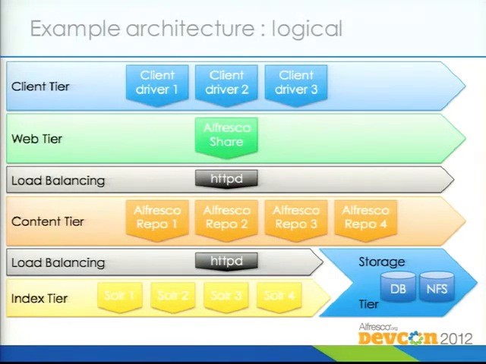So I'm just going to take this architecture as an example. I'm not going into detail about this because Gab is going to talk about that later in his presentation, but I just want to take that example to say that an architecture can be quite complex. You would have some client tier, Alfresco Share, maybe multiple Alfresco Shares, some load balancing, some content tiers, maybe multiple content tiers, some load balancing again to go to the index tier, and all that goes to the DB for the database, and maybe NFS for storage or something else.